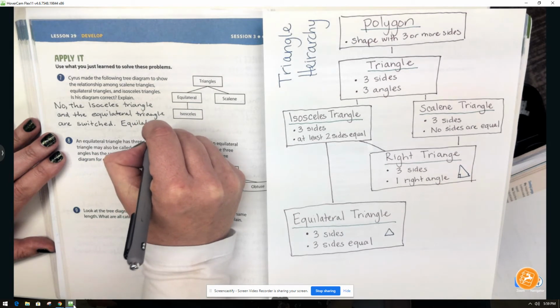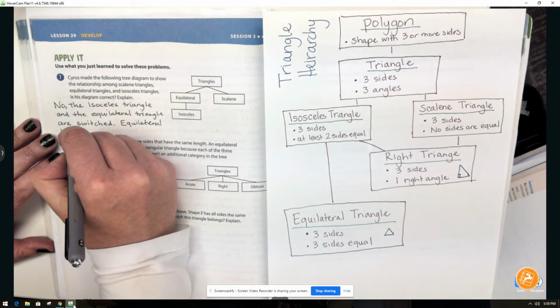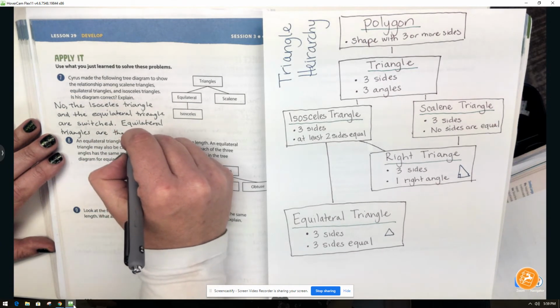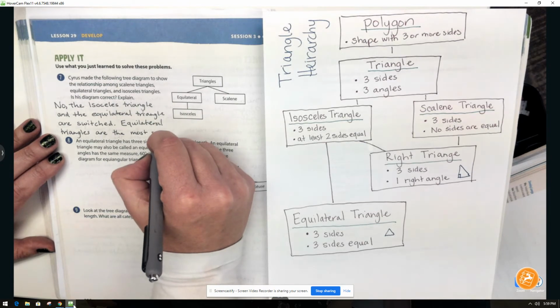Equilateral triangles are the most specific.